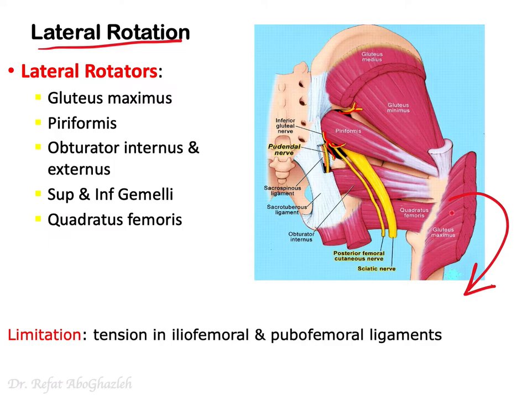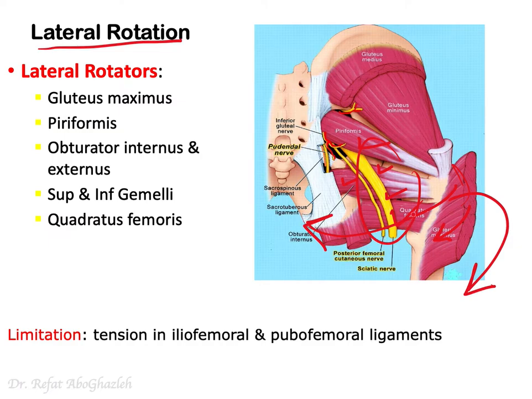So in lateral rotation, you see the gluteus maximus coming from here. Once contracted, it pulls the anterior surface of the thigh laterally. Also piriformis helps, obturator internus, superior and inferior gemelli, and quadratus femoris. All of these groups of muscles, when they contract, imagine they will pull the thigh laterally.